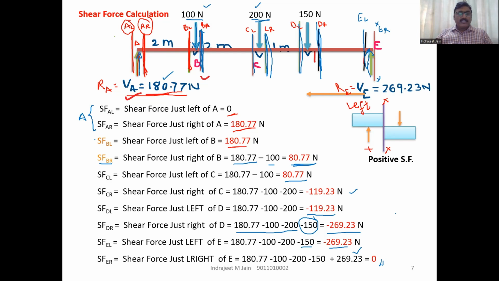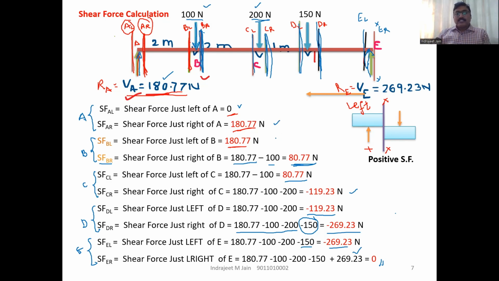This is point B, we get the ordinate of point B. Then this is C, we get the ordinate of C. This is D, we get the ordinate of D. And both of these are at E. So whatever we calculated at A, 0 and 180.